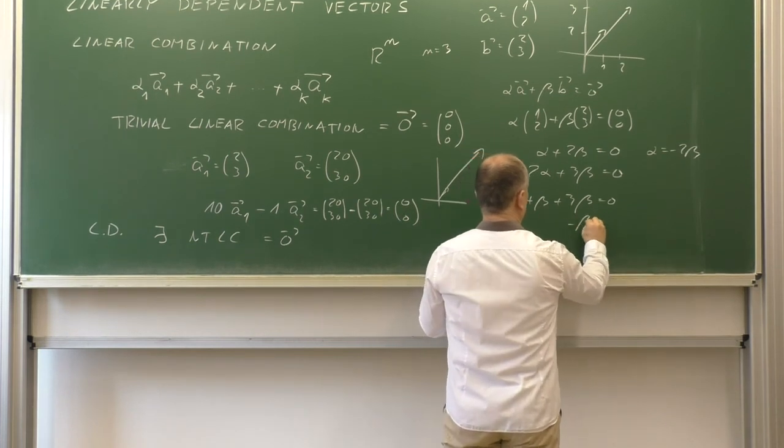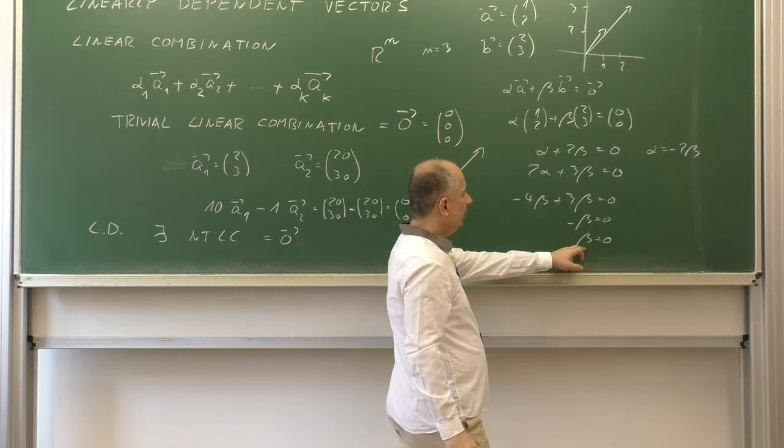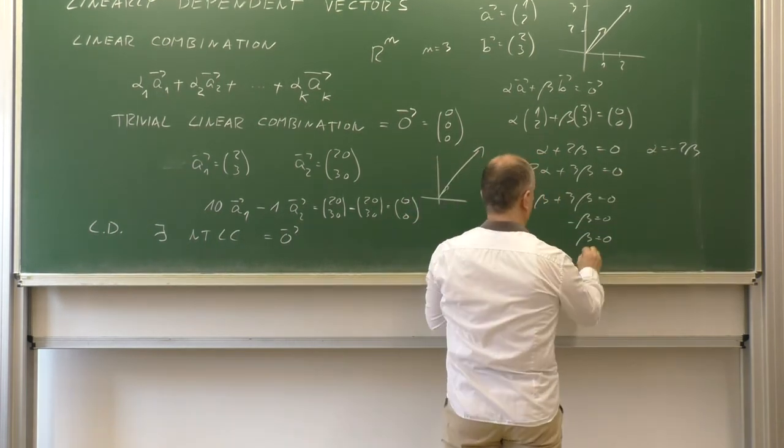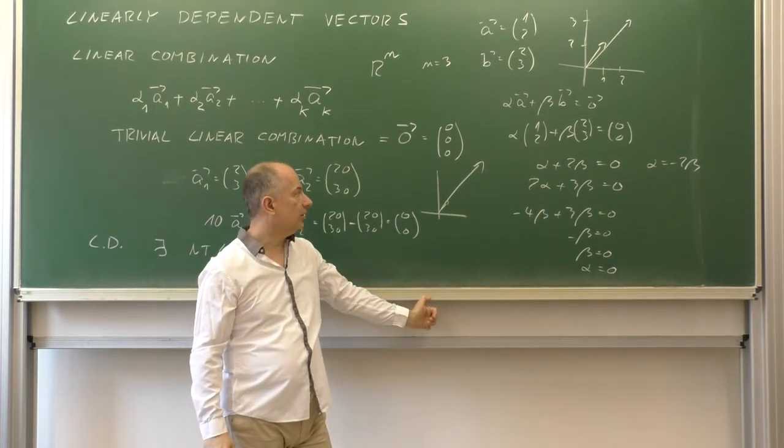That means minus beta is 0. That means beta is 0, and if beta is 0, then alpha is 0.